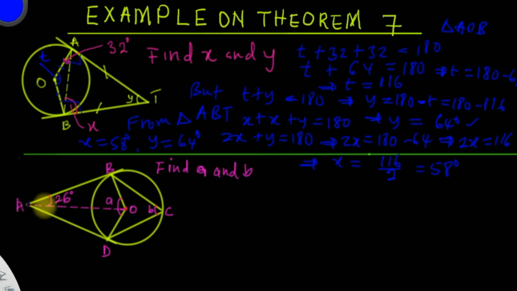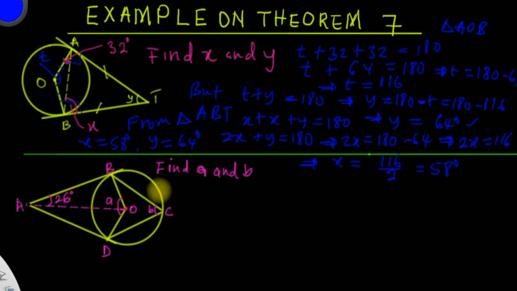And then look here. You have this angle AOB. O is the center. Angle AOB is 26 degrees. Don't forget that in our previous discussion, we learned that the line from this point outside the circle to the center of the circle divides the angle between the two tangents into two equal parts.